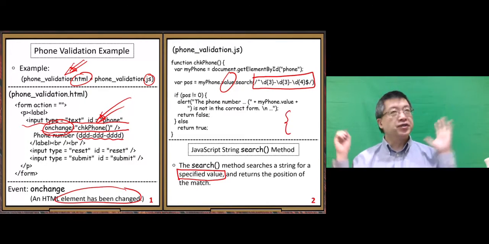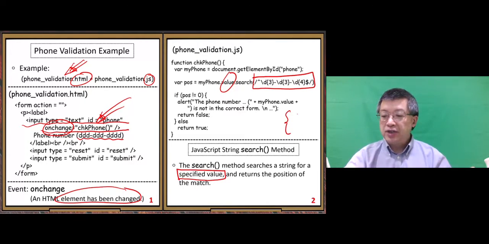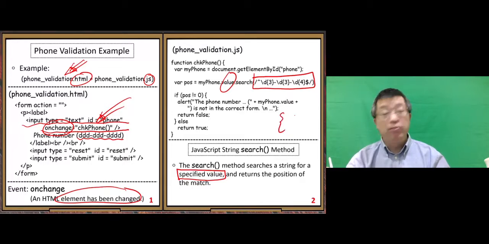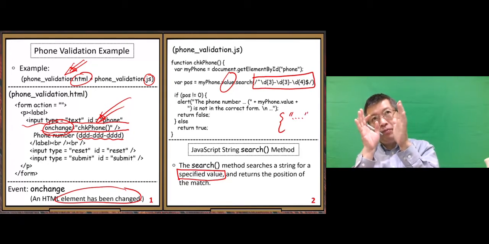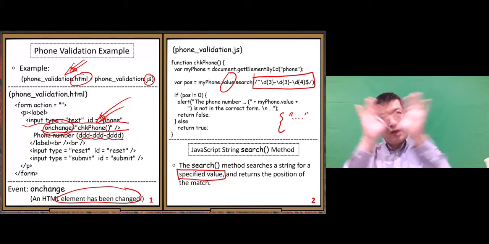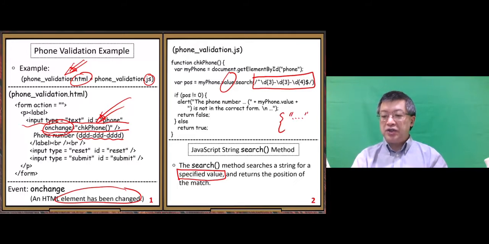You have two cases. The first case is a substring, some string, because you want to match just a portion of the string. You provide a string value to match that substring. Second case, a regular expression.